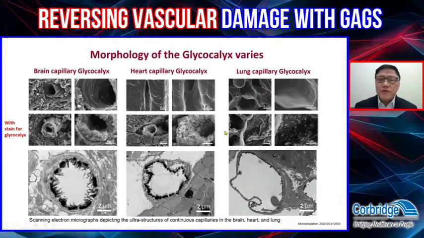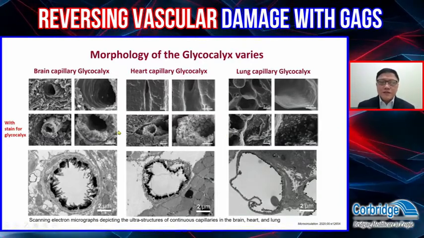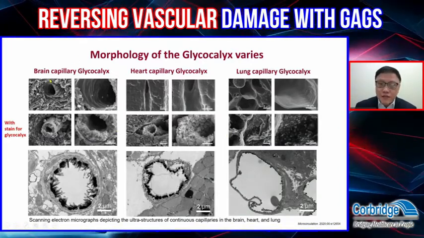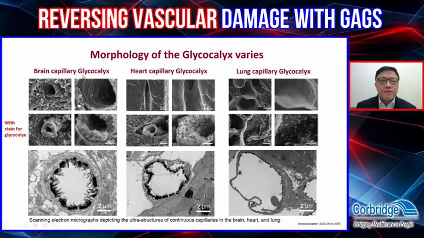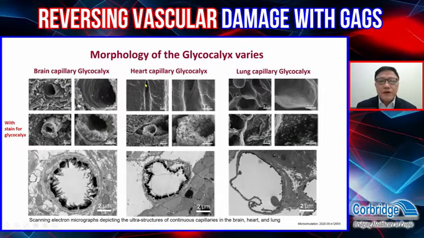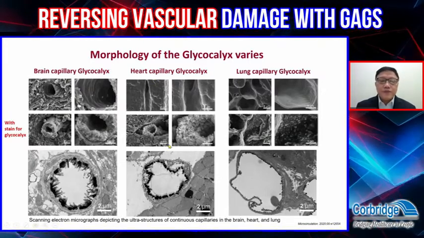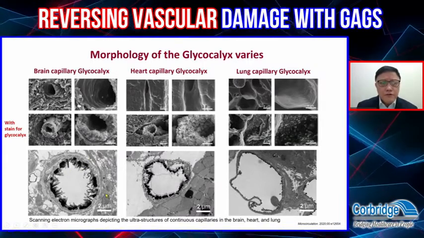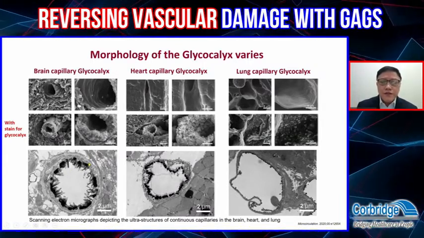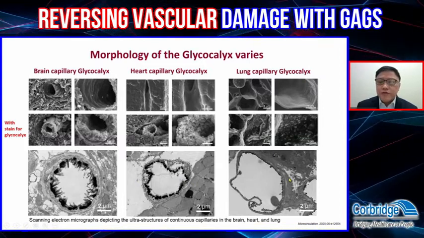Now, there are different morphologies of the glycocalyx depending on the site of the organ. For example, I'm showing to you here a capillary from the brain, the heart, and the lungs. If you look closely into the electron microscope, the glycocalyx here shows different structures.